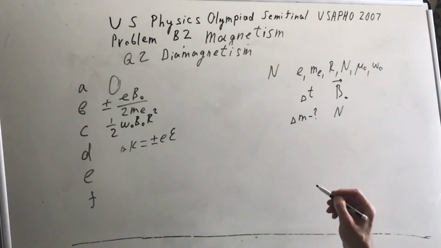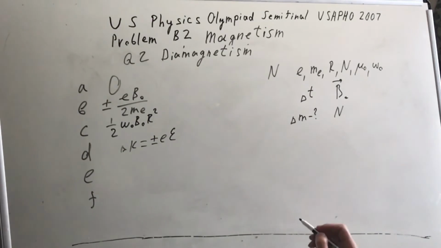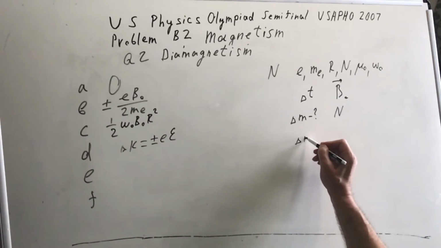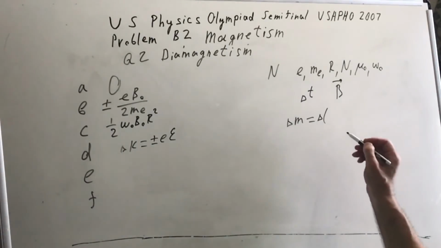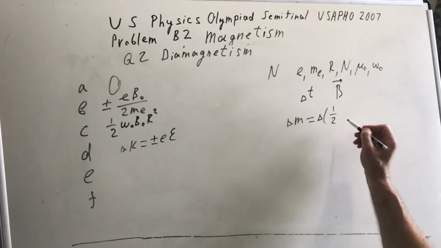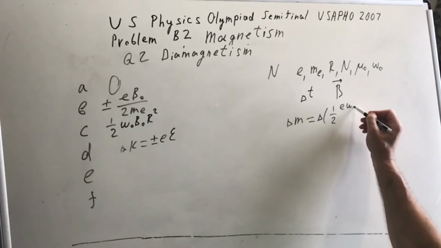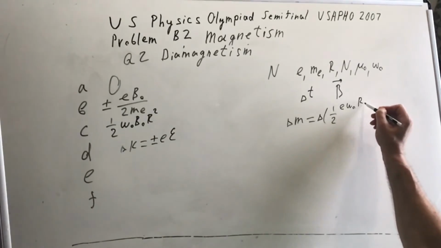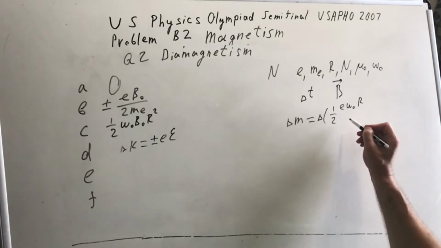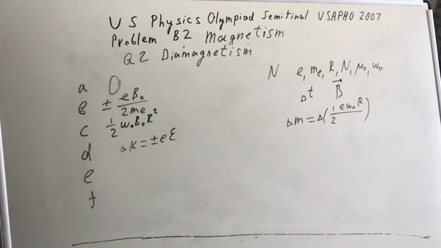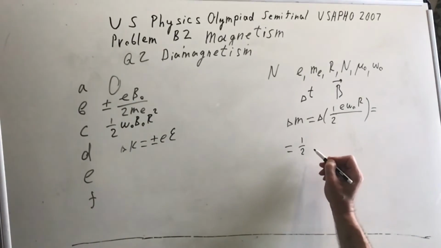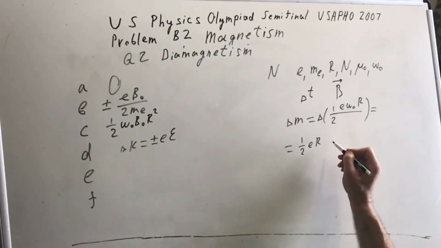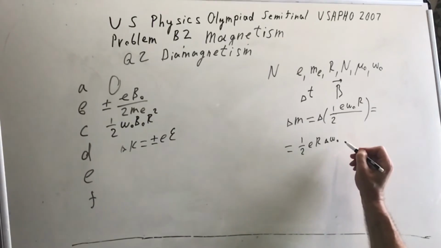So for one electron, the change of magnetic moment dm equals d of 1/2 e omega 0 r over 2, which is 1/2 e r d omega 0.